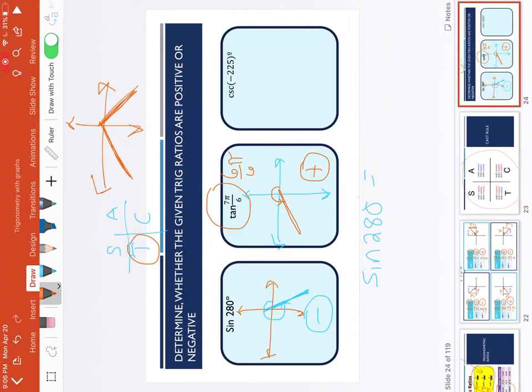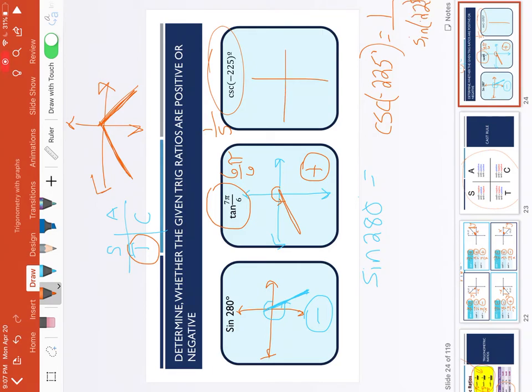Okay, last one here. So cosecant, we're seeing one of those reciprocal functions. So cosecant is the same as 1 over sine. So we know cosecant negative 225 degrees is the same as 1 over sine negative 225 degrees. That's what that means.